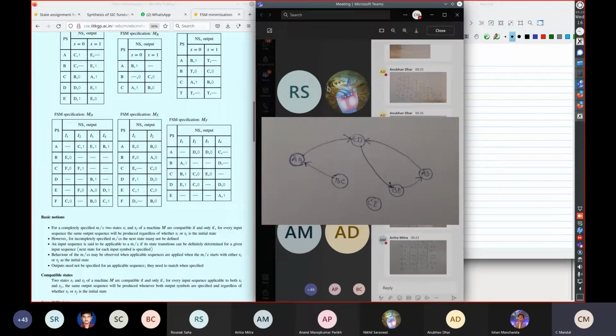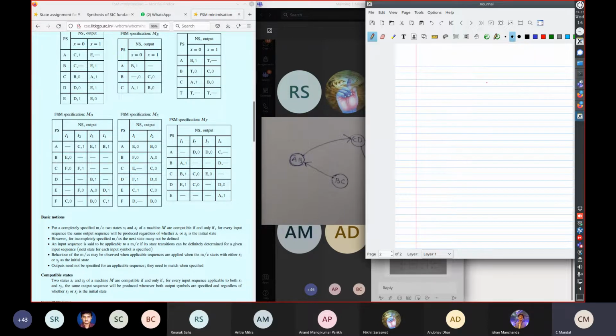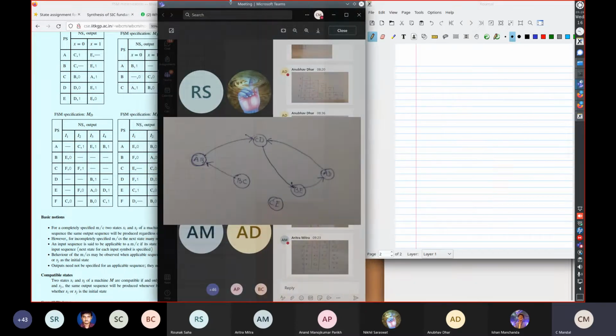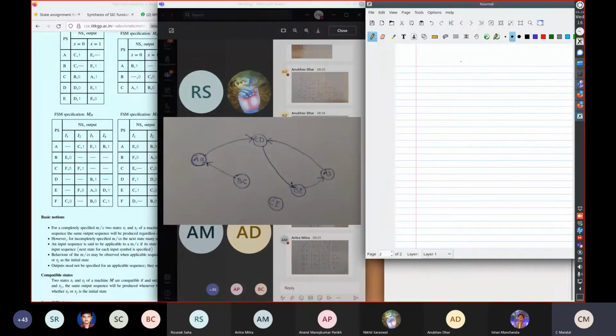We want to merge AD, CD, and BE. All right.